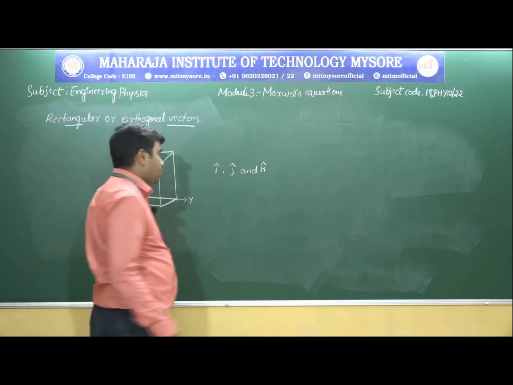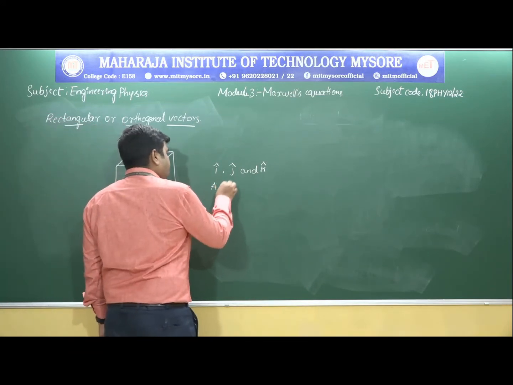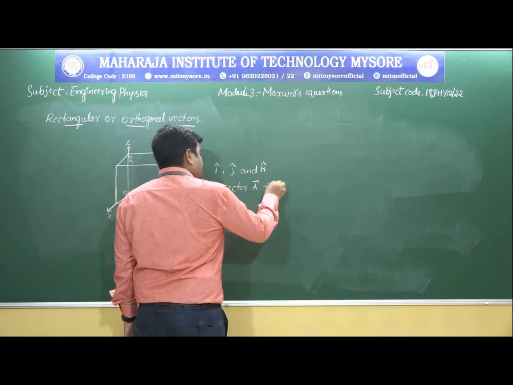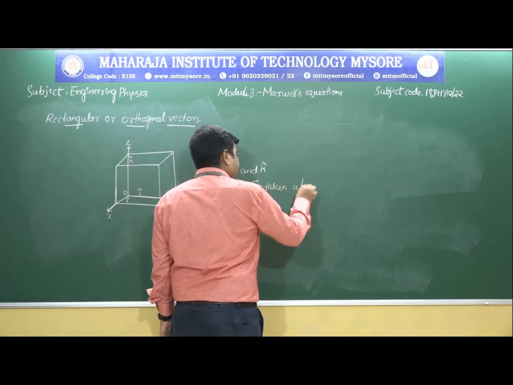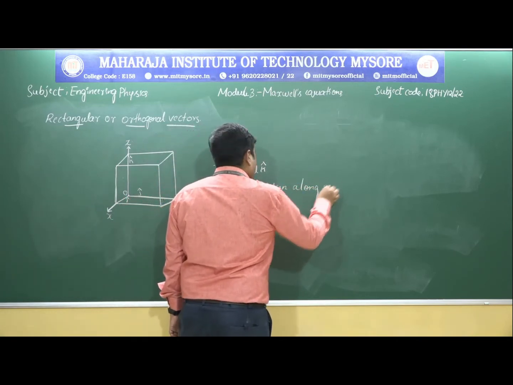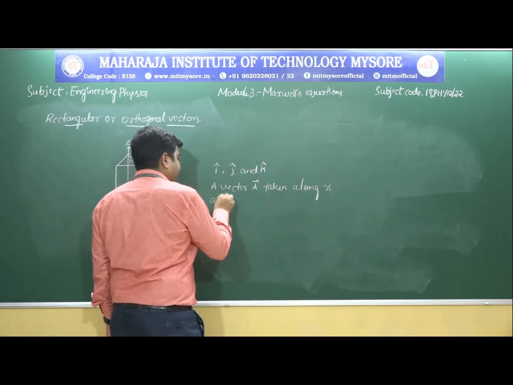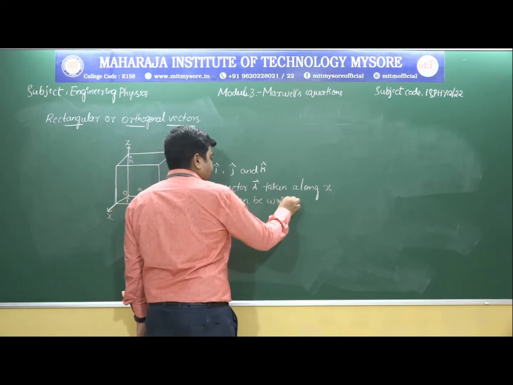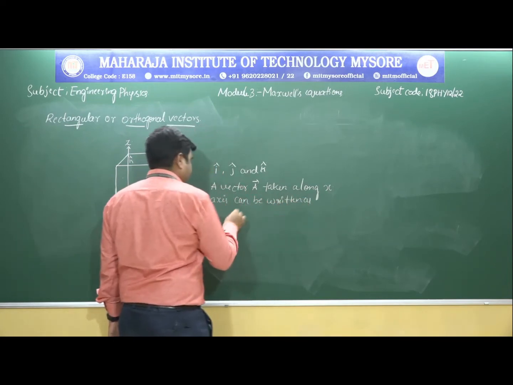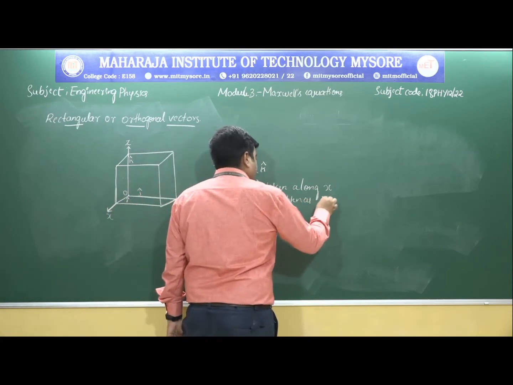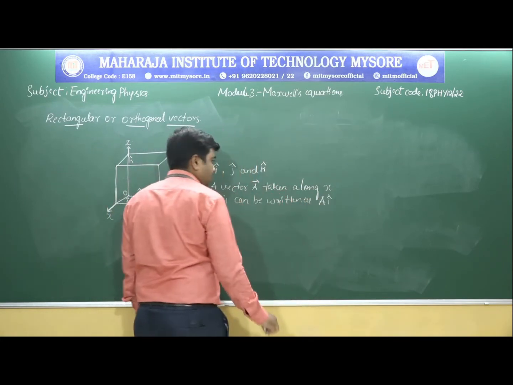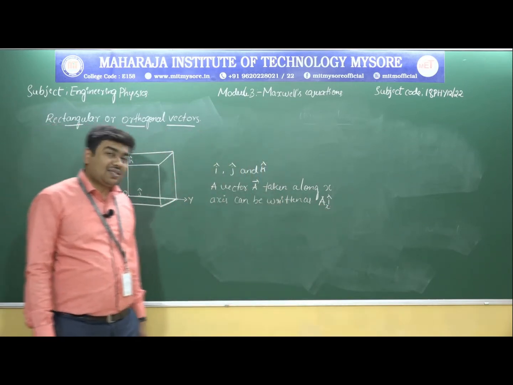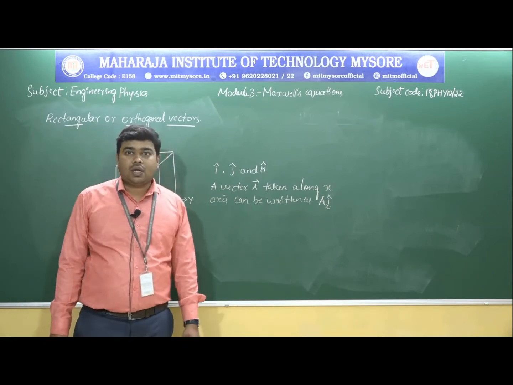Vector A taken along the x axis can be written as Ax into i cap, where Ax is the magnitude of that vector and i cap is the direction of the vector.